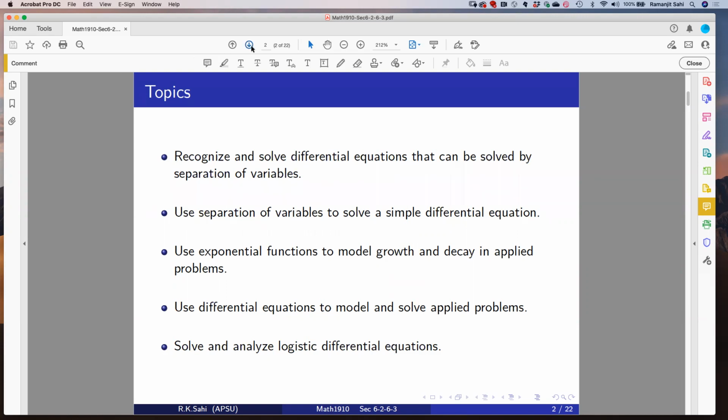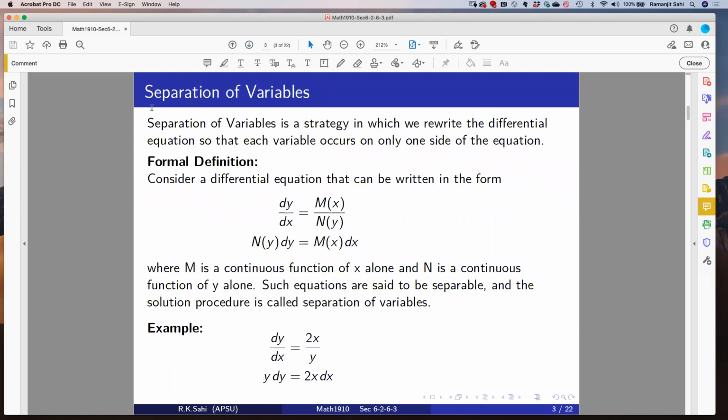So the first thing we're going to do is look at separation of variables. It is a strategy in which we rewrite the differential equation so that each variable occurs on only one side of the equation.